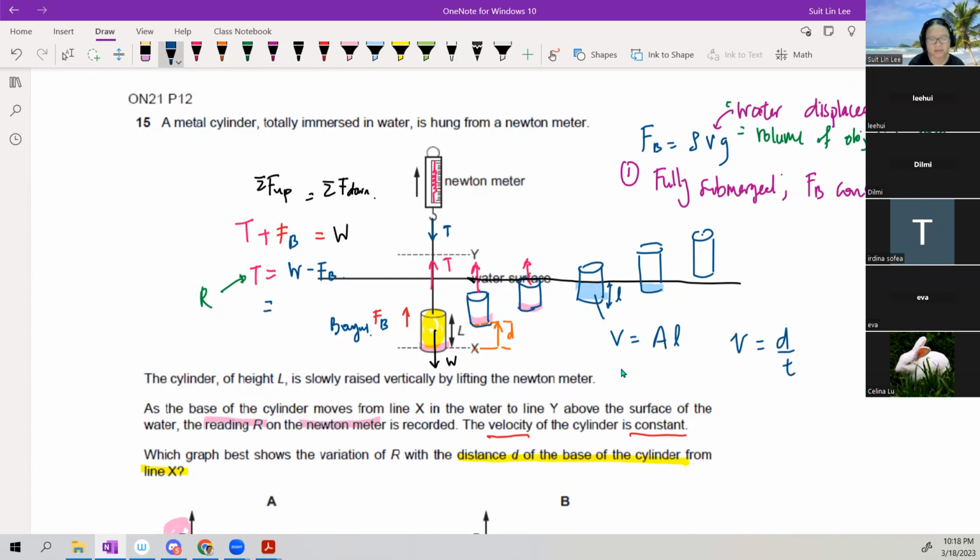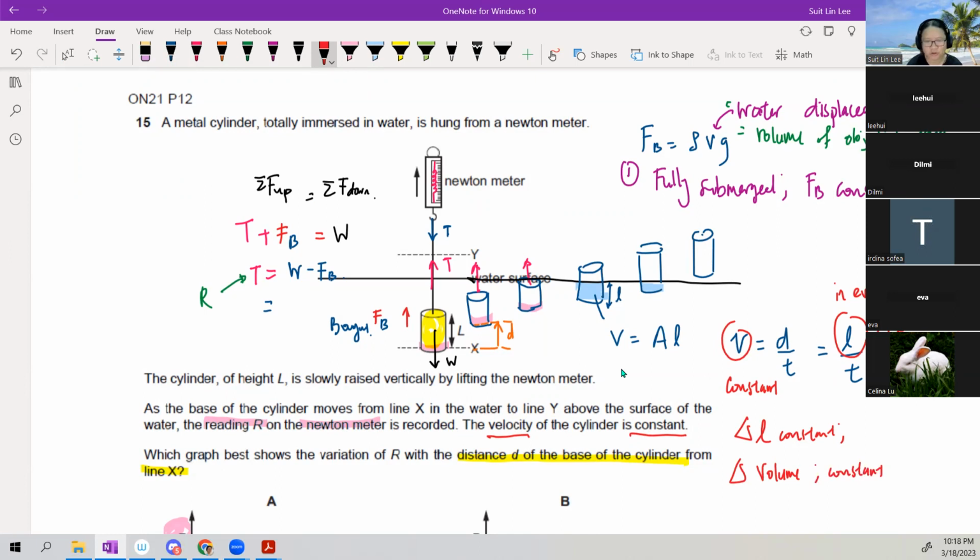The distance traveled by the cylinder has something to do with the length. So if this one is constant, then in every second, the change in L is constant. If the change in L is constant, what can you say about the change in volume? A times L, constant.